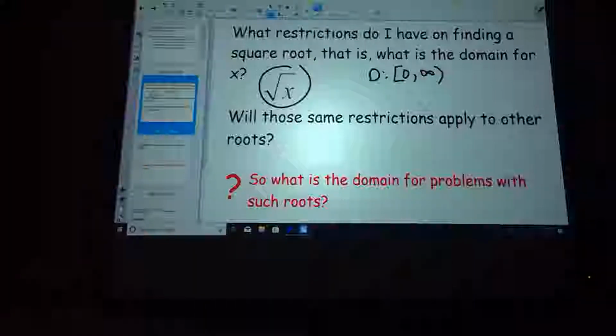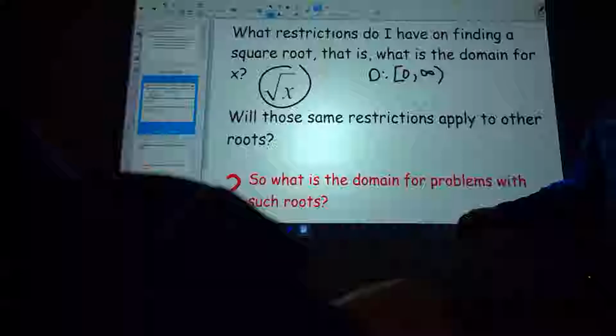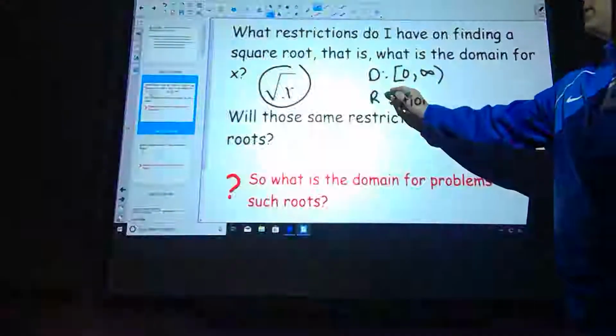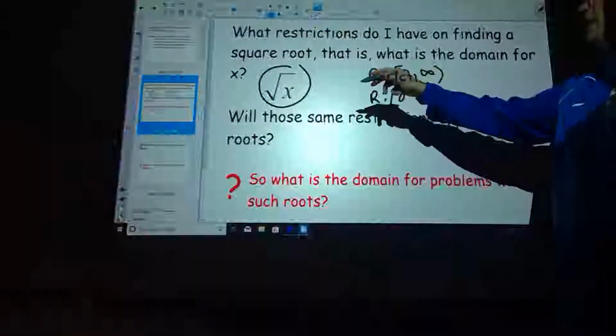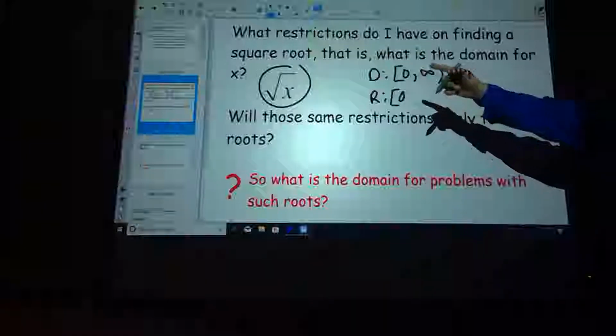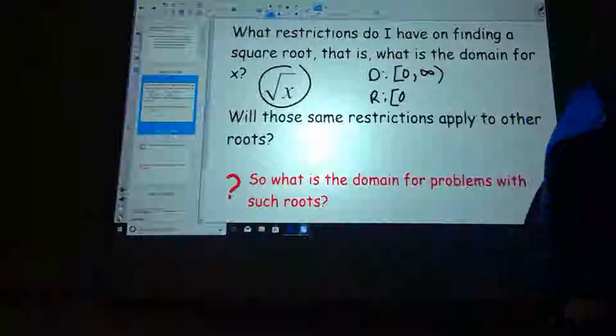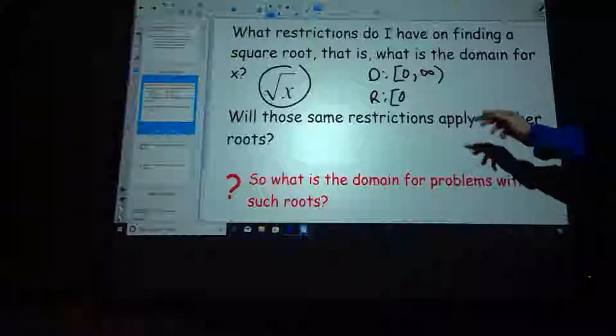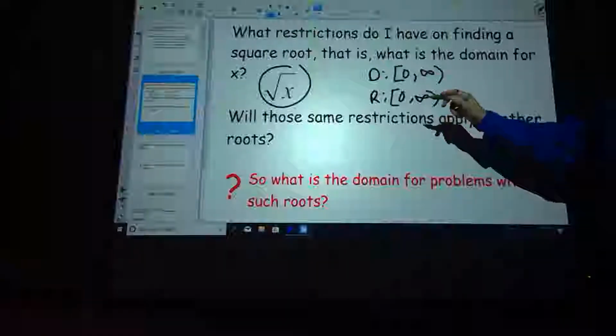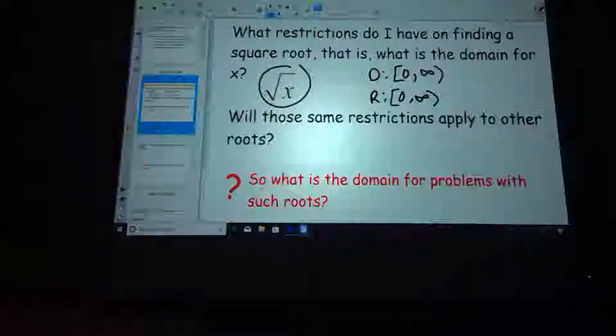Well, if I plug 0 in, what do I get out? 0. So my range, I would plug 0 in, and I get 0 out. And then if I plug numbers in, does this get bigger and bigger and bigger? Yeah, so it's 0 to infinity. So that's your most basic parent function of a radical with the domain and range.